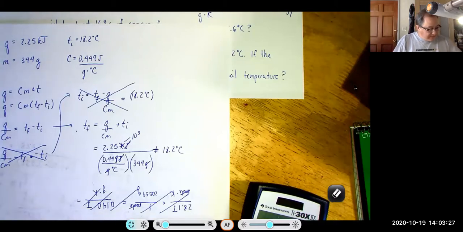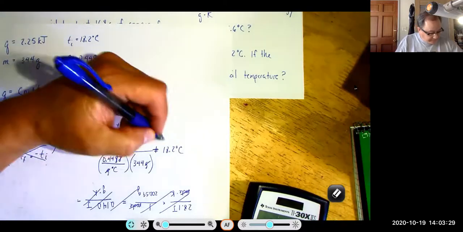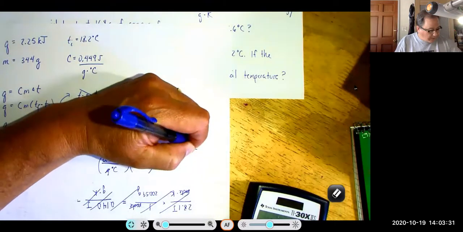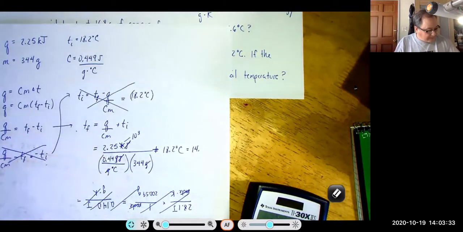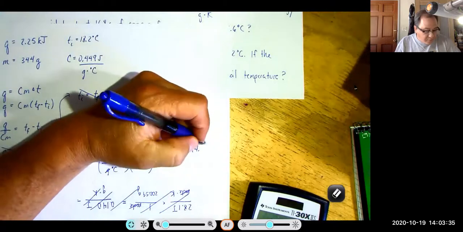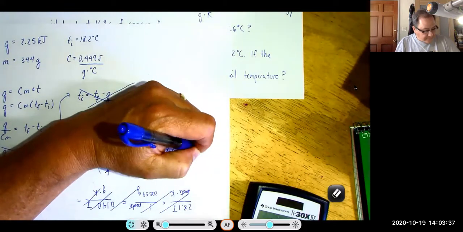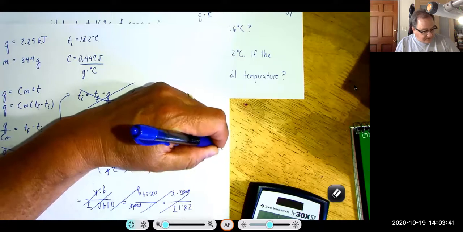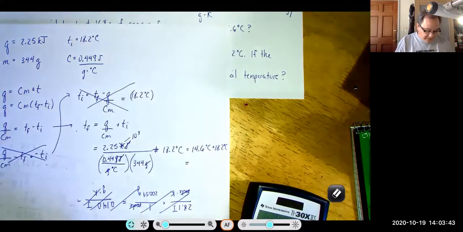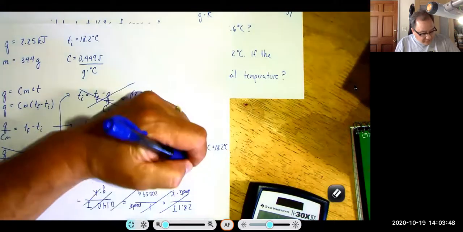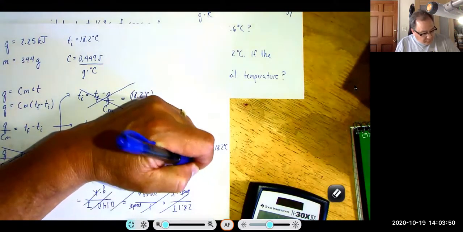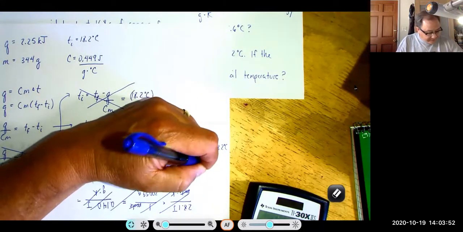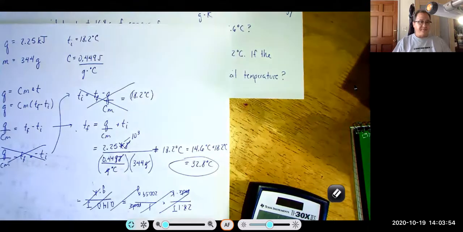And that comes out to be 14.6 degrees Celsius, three sig figs here, plus 18.2 degrees Celsius. Add those two together, and we get 32.8 degrees Celsius. And there's your final answer.